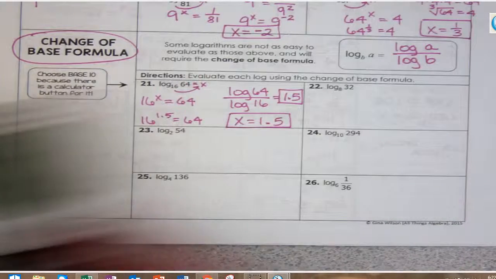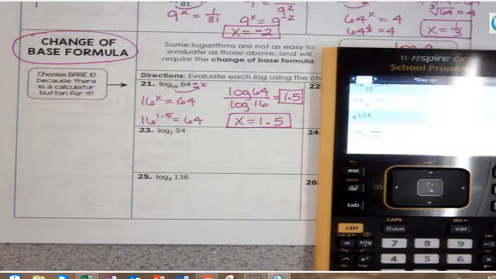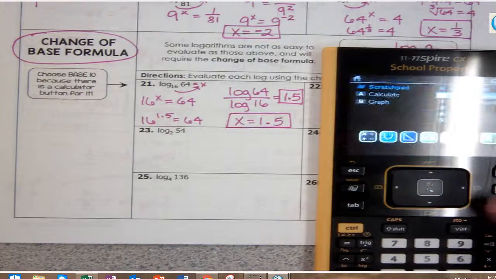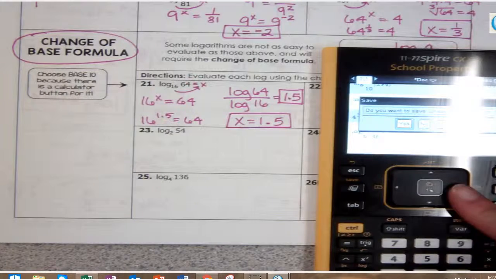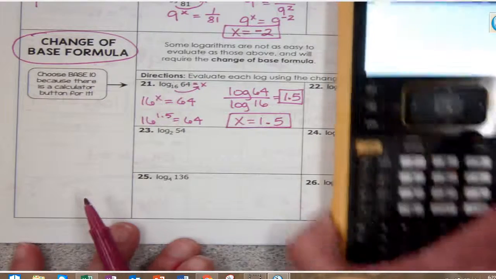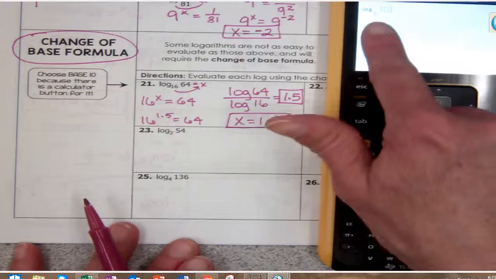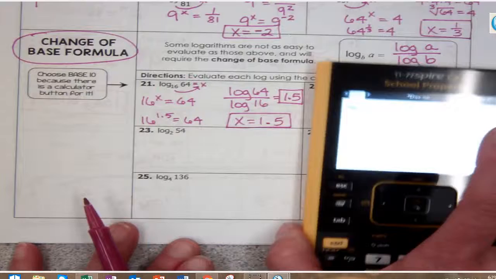Now, if you have an Inspire, you're going to notice that they actually have a control log button, and it actually allows you to put whatever base you want in.